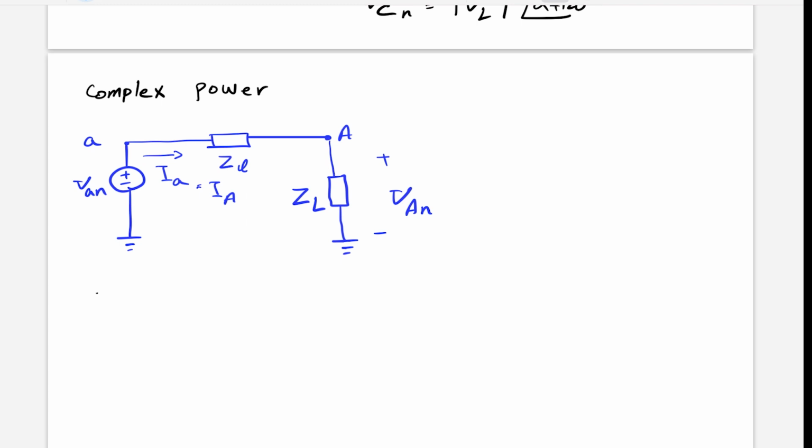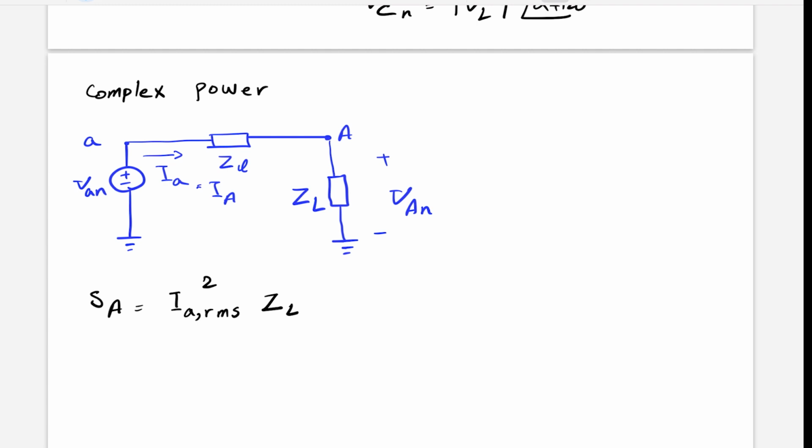So SA, the complex power for load A, will be the IA RMS, or effective value, to the power 2 times ZL, which is the impedance.